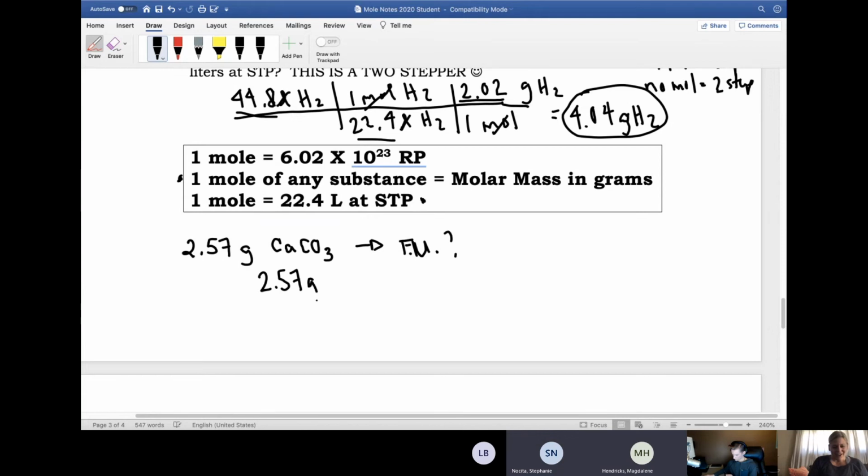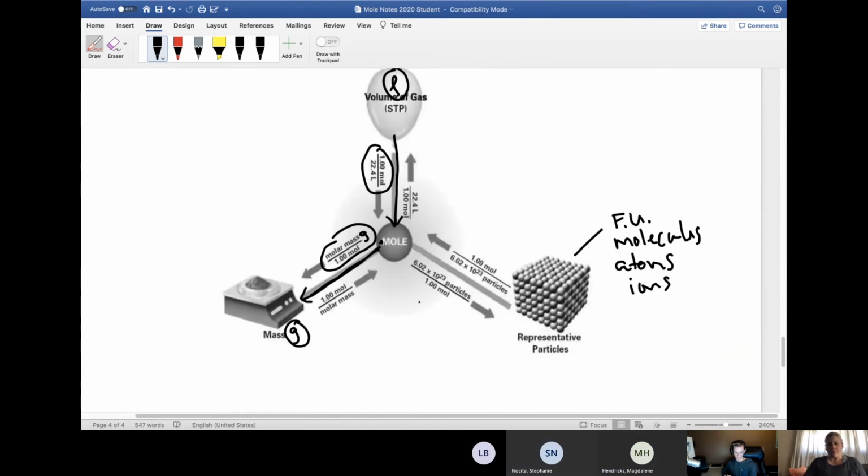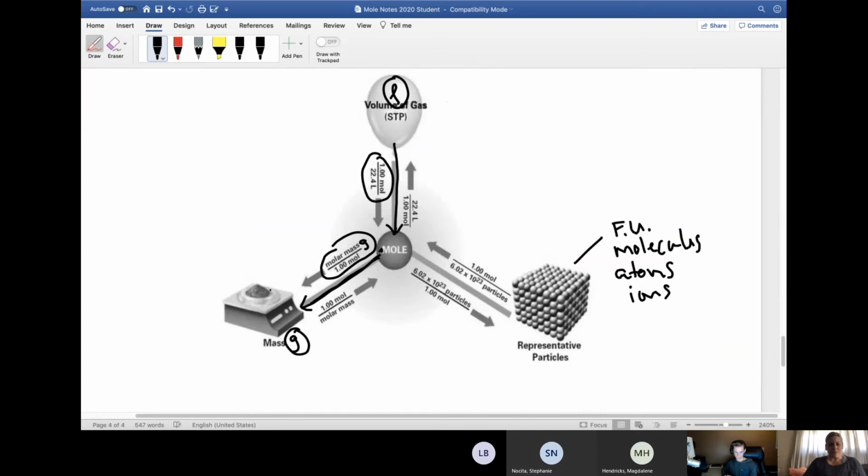Okay. So if I have 2.57 grams of calcium carbonate, and that's what we're starting with, we have to go through the mole. So now in this one, if you guys use the mole map, we're starting in grams, which is here. And they're asking for representative particles, which is here. So our first step is going to be 1 mole over the molar mass.